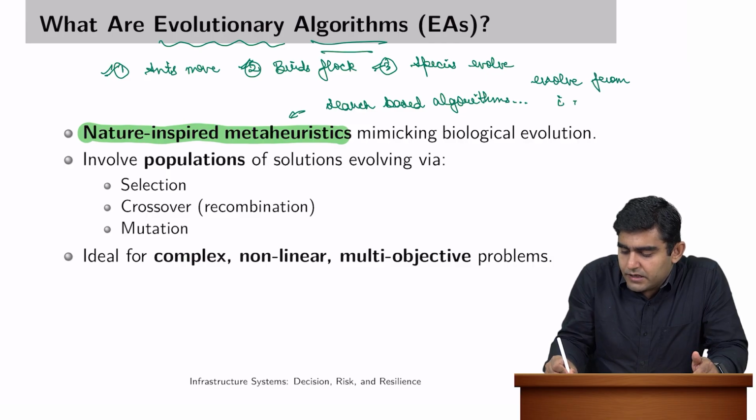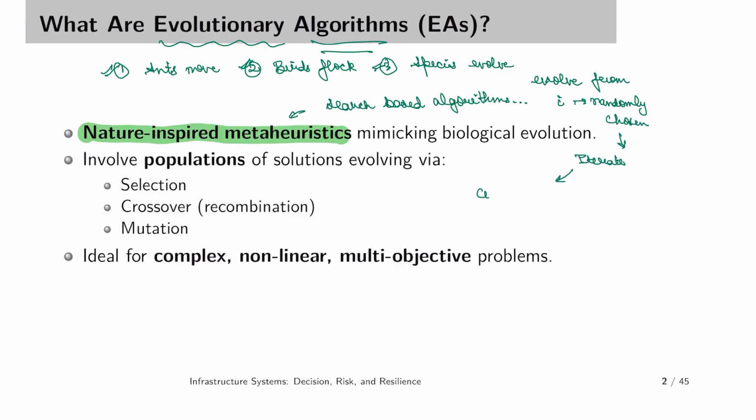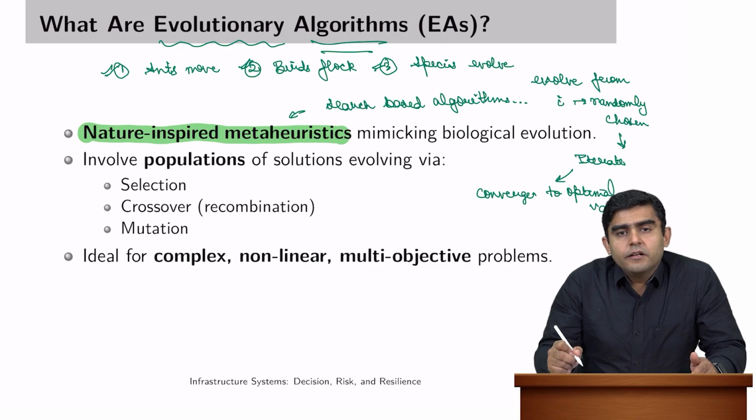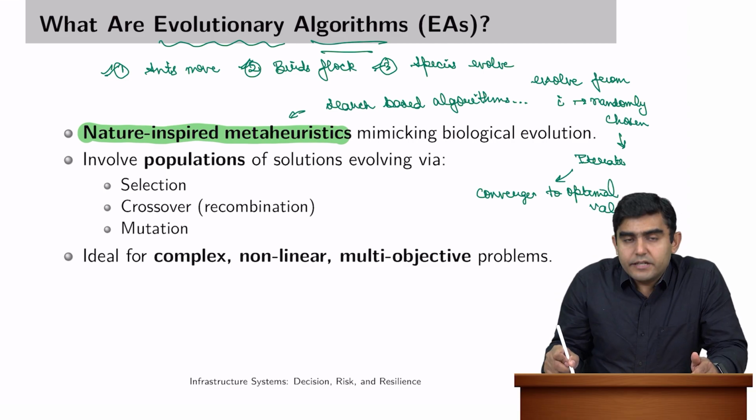This can be totally randomly chosen. Then we iterate and we try to converge to the optimal value. Now, we do this iteratively.